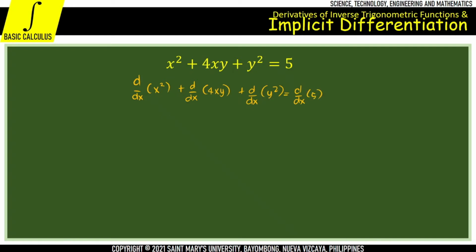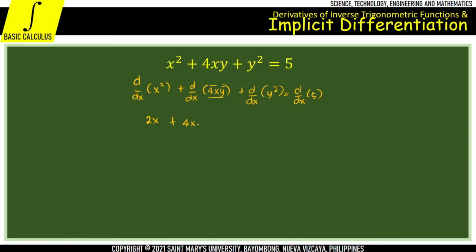Next, by differentiation, the derivative of x squared is equal to 2x. Next, we differentiate 4xy. Remember that we have two variables there, so we shall apply the product rule. First, we consider 4x as our first term, and then the second term is y. So we have the first term, copy.